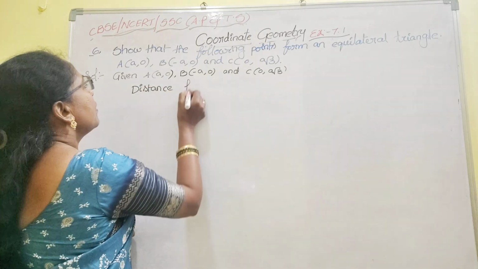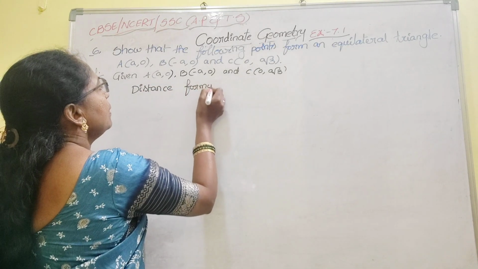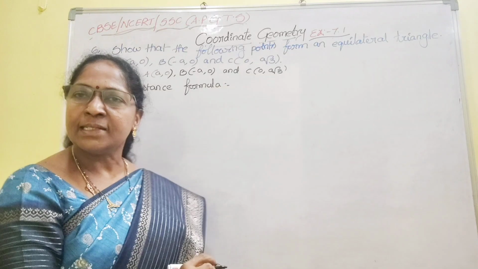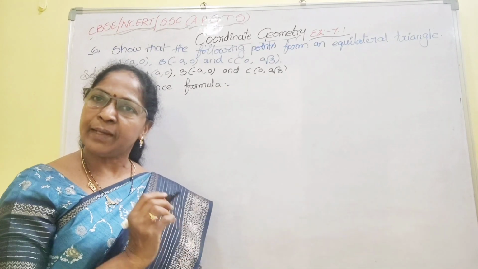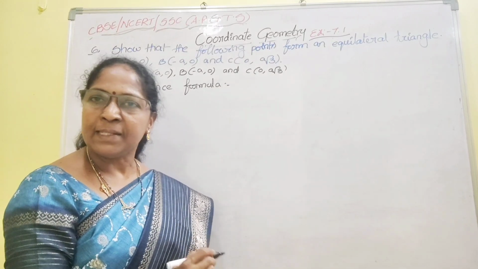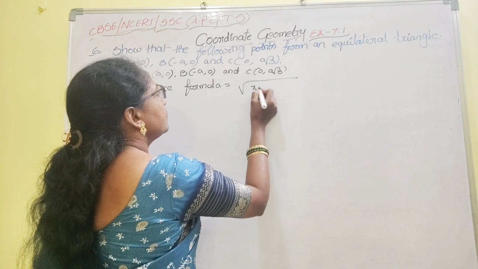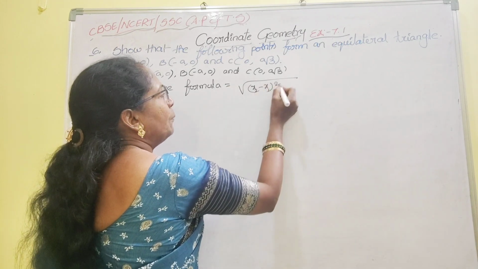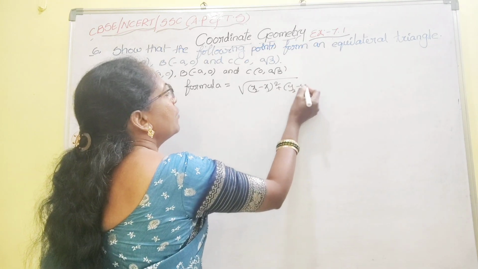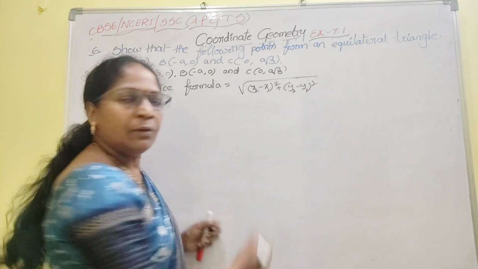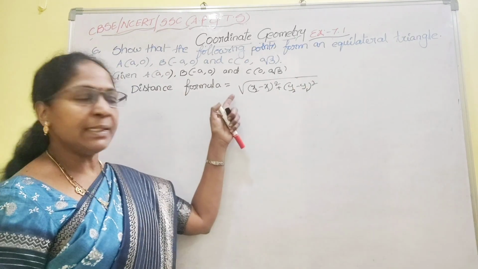What is the distance formula? Square root of x2 minus x1 whole square plus y2 minus y1 whole square. Apply this distance formula and find out the distance between 2 points AB as well as BC and CA.